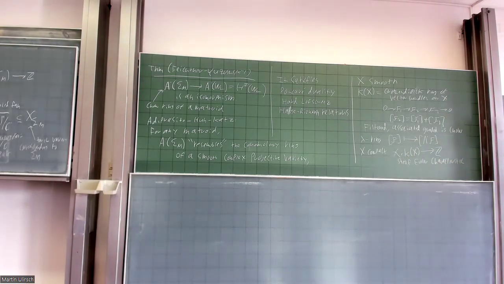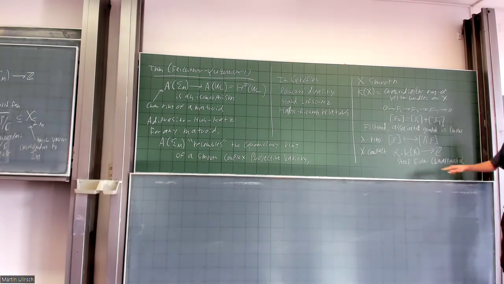If you have a compact variety, then you can talk about the sheaf cohomology of any coherent sheaf. The vector bundle is a coherent sheaf. And then you can sum the dimensions of those up with alternating signs, and you get some number. And this only depends on the class in K-theory.